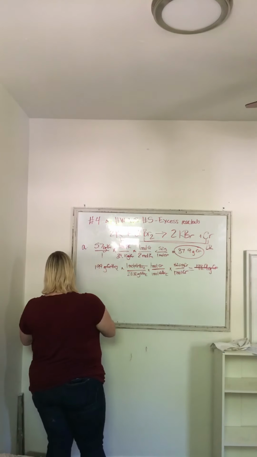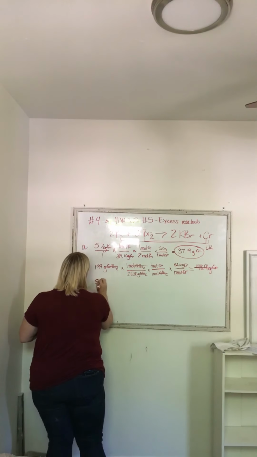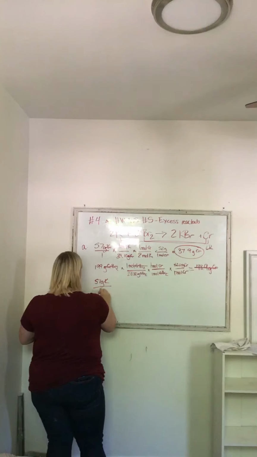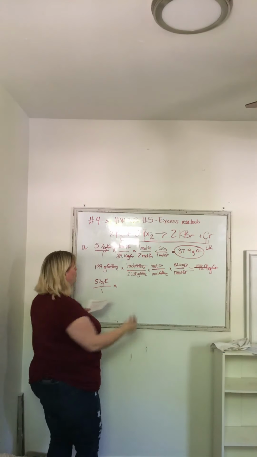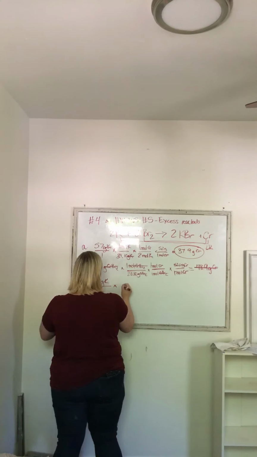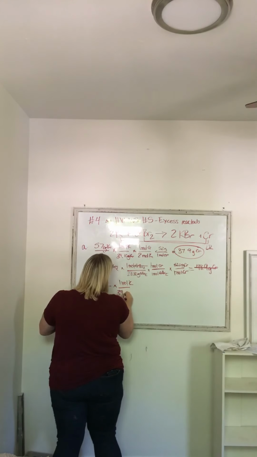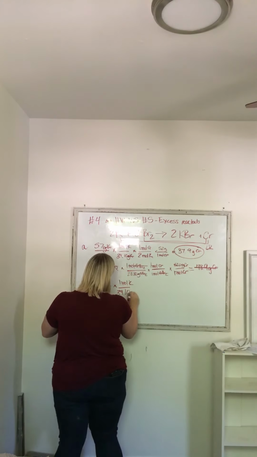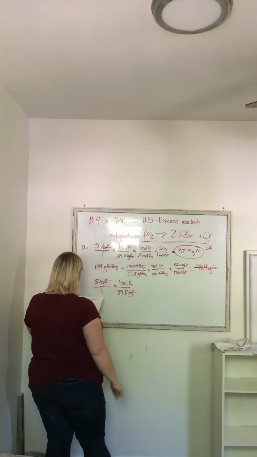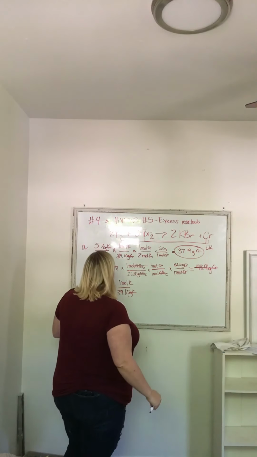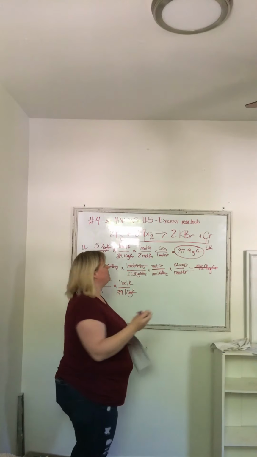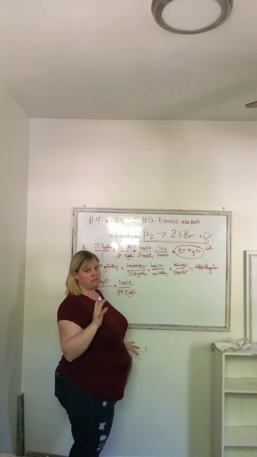So, we are going to start with our 57 grams of potassium, okay? Again, turning into moles, we're just going to do the same step that we did up here. So 1 mole of potassium over our molar mass, which is 39.10 grams. Okay, our grams of potassium cross off. Now, we're going to use a different mole ratio. We're going to use just the mole ratio of our reactants.